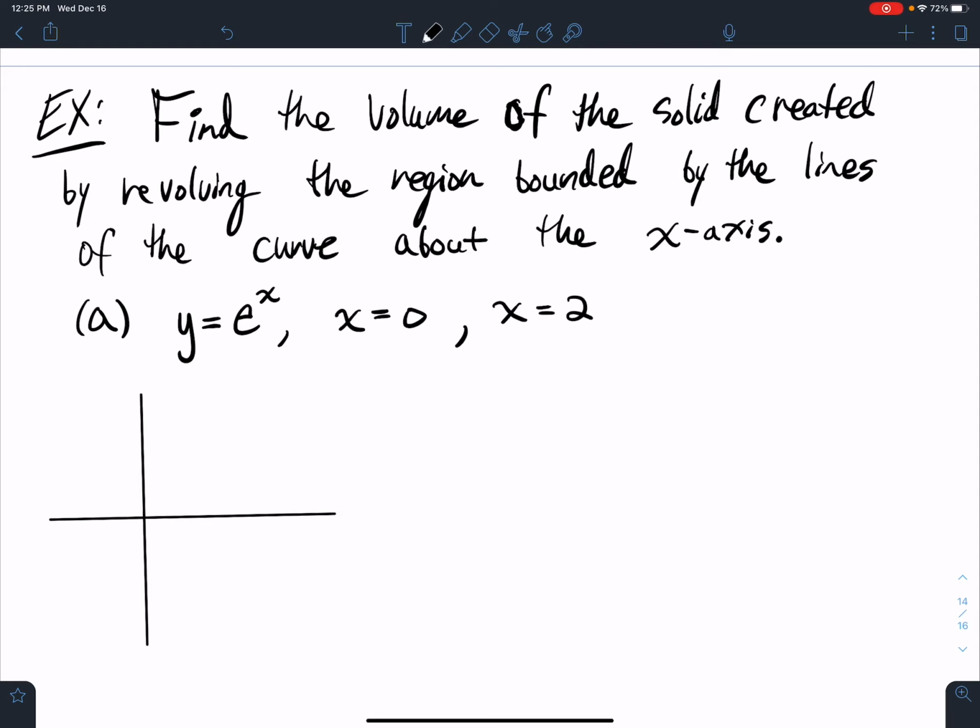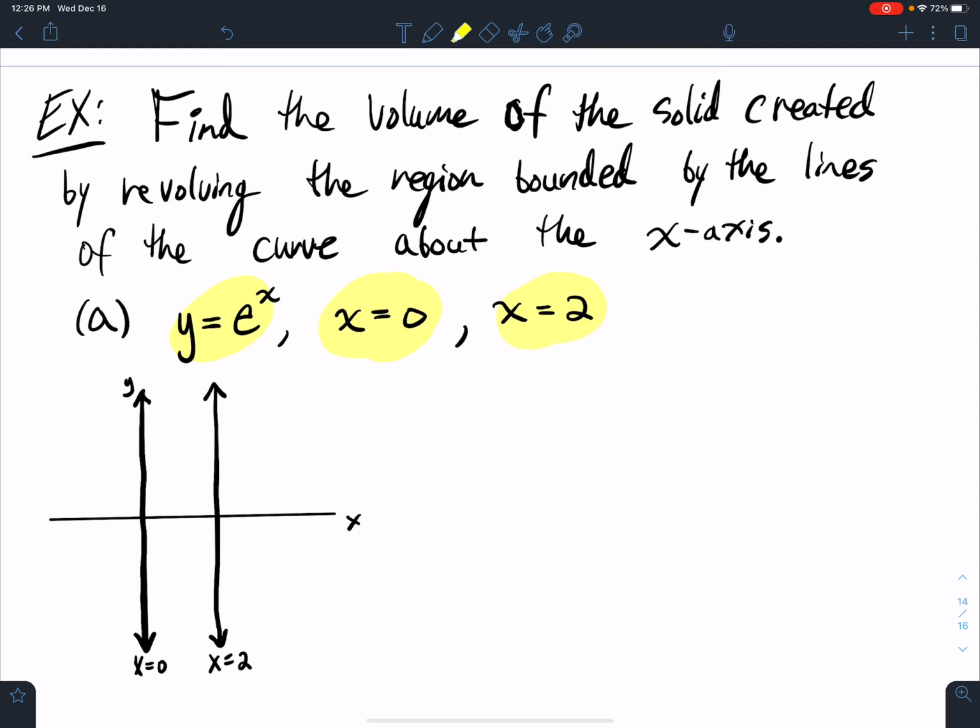This is the y-axis, this is the x-axis. Now, x equal to 0, that's the y-axis. Then x equal to 2 here, another vertical line.